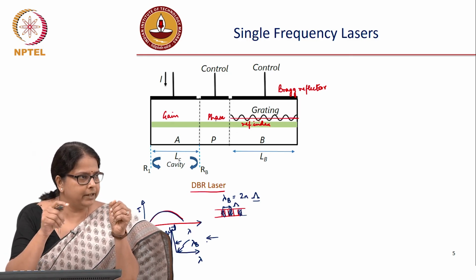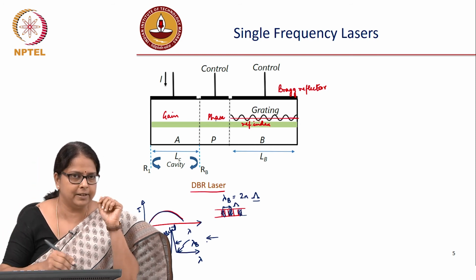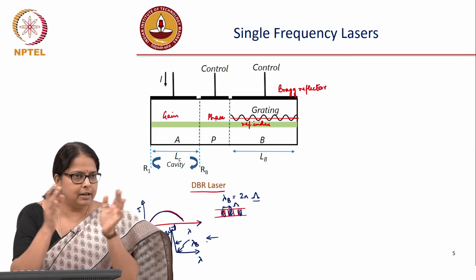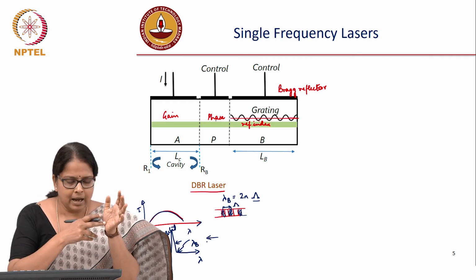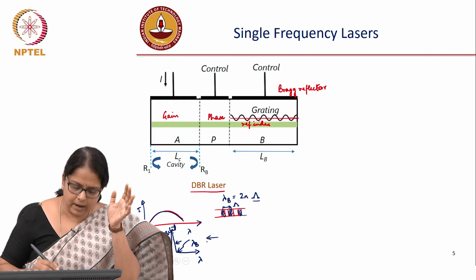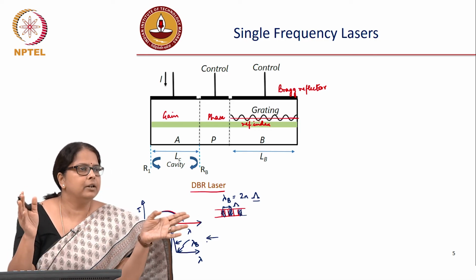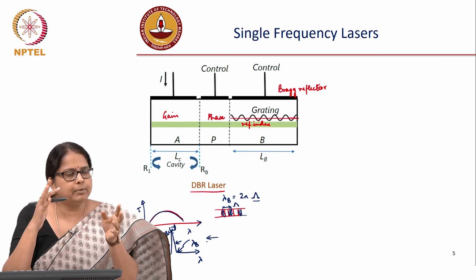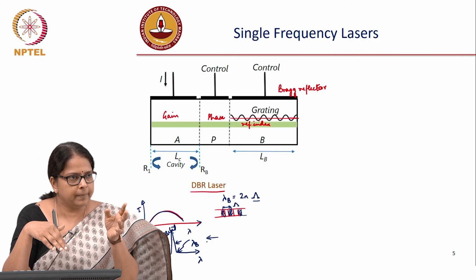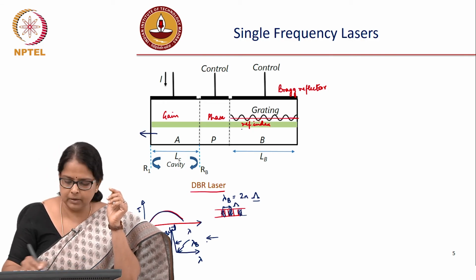In the Fabry-Perot cavity you have e power j 2 beta z, and in addition there is a phase. The FSR is decided by the round trip phase, and this grating now helps to pick a specific mode among the several longitudinal modes. You get the laser output here, because this is like a reflector.